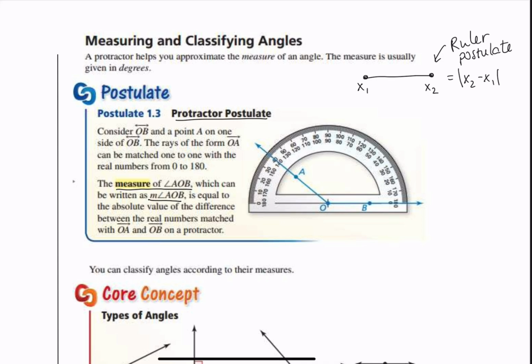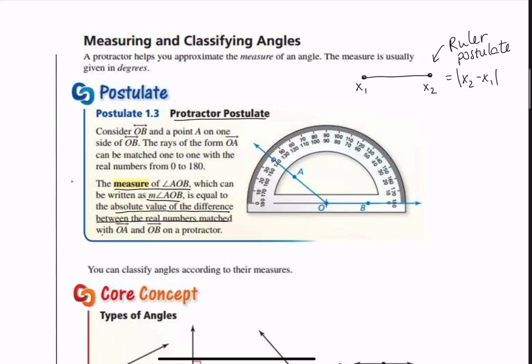And the way that you find that measure, if you're using a protractor, is you take the absolute value of the difference between the real numbers matched with ray OA and ray OB on a protractor. It has to be real numbers, because imaginary numbers we can't use. So you should see ray OB to the right here.